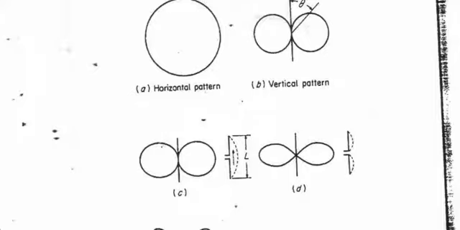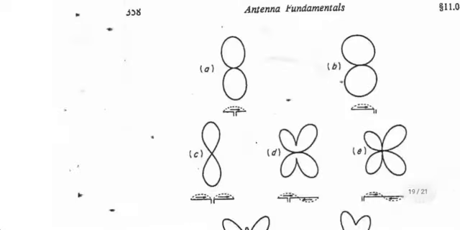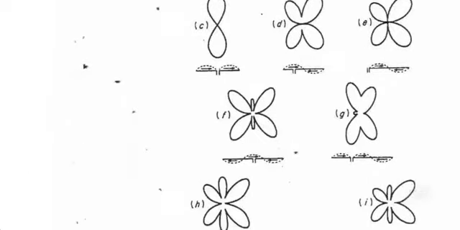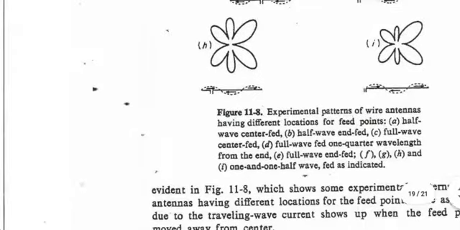Only thing is the assumed current distributions will be different from what we assumed for center fed dipole. Dipoles fed from the end are also fairly common. So in that case, the figure of 8 is there, but it is much wider. This is all experimental data. It tells you that theory is not that bad.